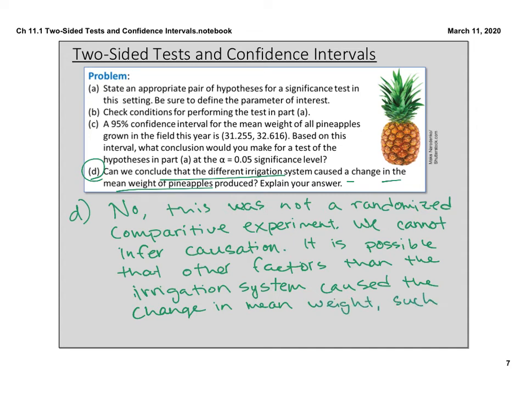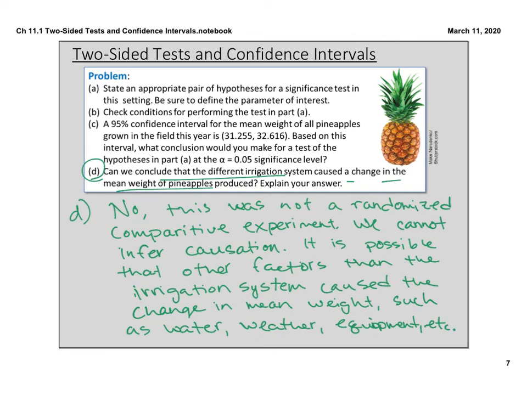And you can even give some suggestions such as water, weather, equipment, etc. Okay.